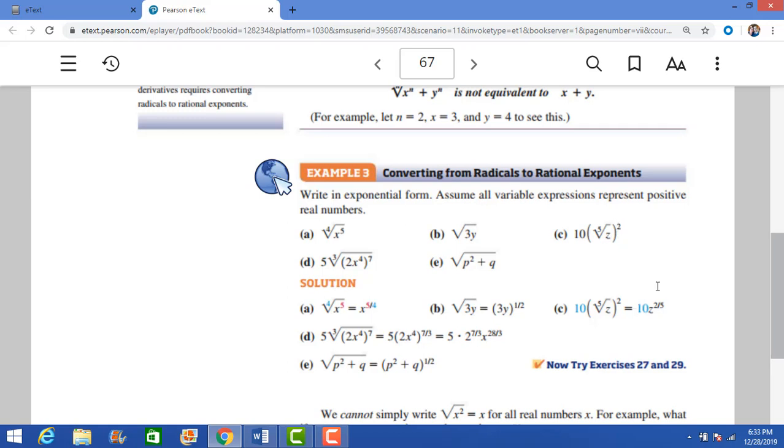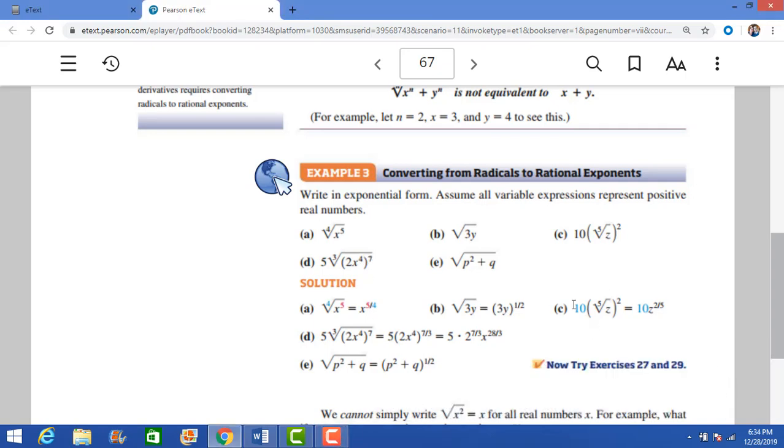Okay, and again, so here again 5 is outside the radical, so it's just a multiplication, and so this is going to be 2x to the 4th raised to the 7/3 power. Okay, now, then we're going to distribute, and we're going to say, hey, this is 5 times 2 to the 7/3 power times x to the 28/3 power.